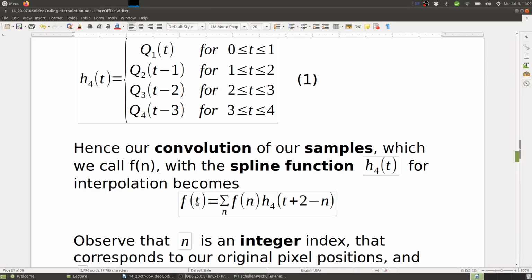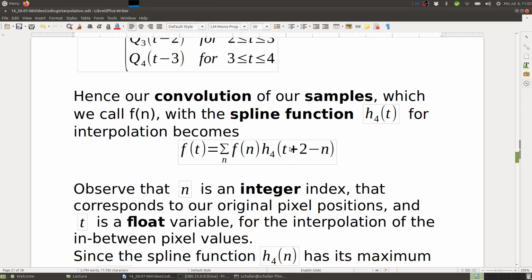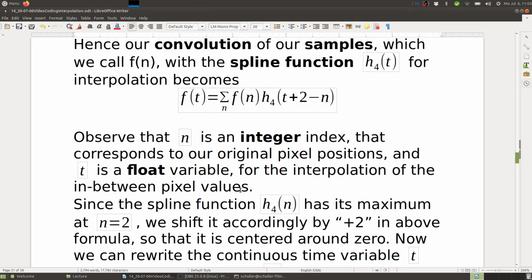But this t here is float, right? And this allows us the interpolation. The t here can be 0.5, for instance, and then it gives us the interpolated value between 0 and position 1. Right, so this is important for the interpolation.